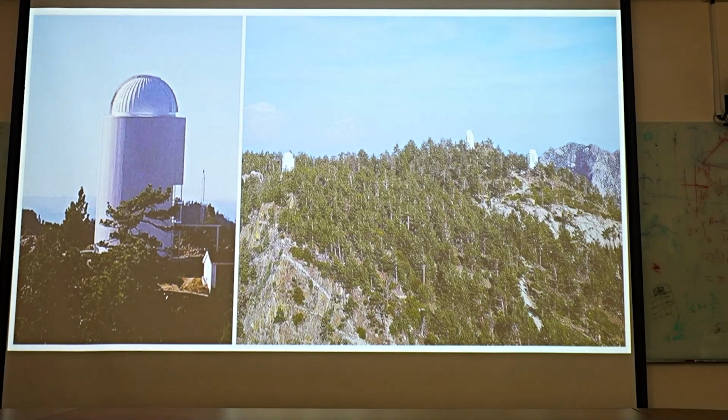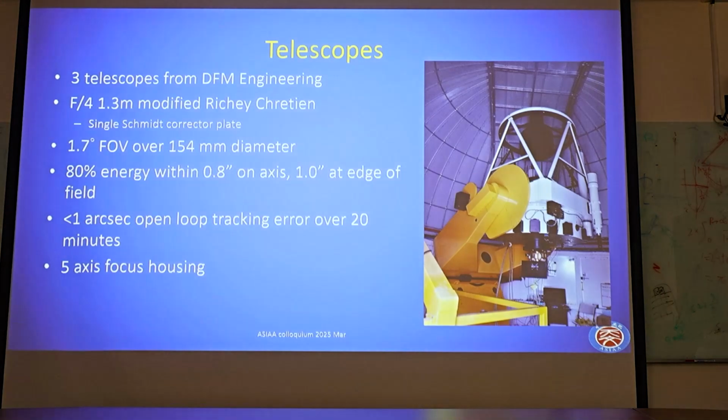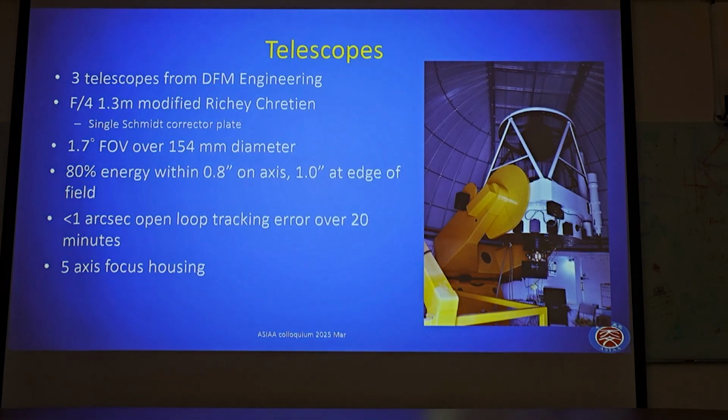So the picture shows the dome and the three telescopes. The furthest two telescopes are separated by 320 meters. The closest two are roughly speaking 120. This is the telescope. We have three telescopes from DFM Engineering in Colorado.